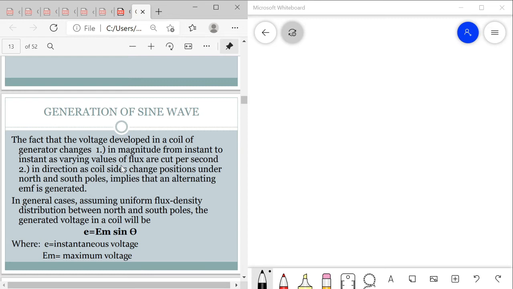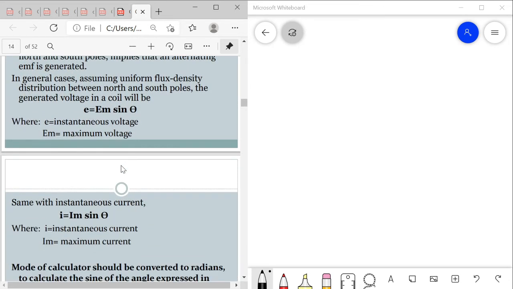In general, assuming uniform flux density distribution between north and south poles, the generated voltage in a coil will be e is equal to EM sine theta, where small e is the instantaneous voltage and EM is the maximum voltage. Basically, EM here is the magnitude and sine theta is the direction.